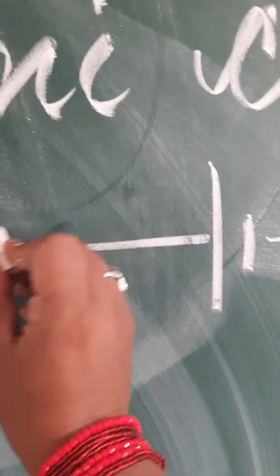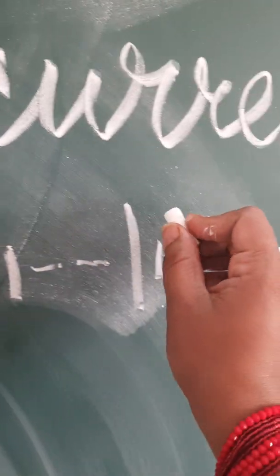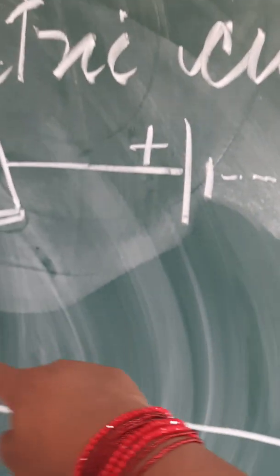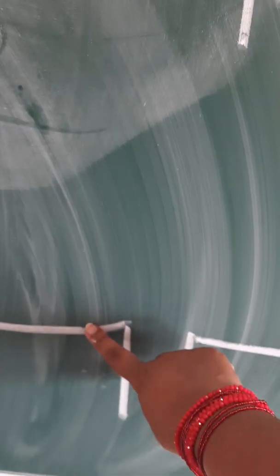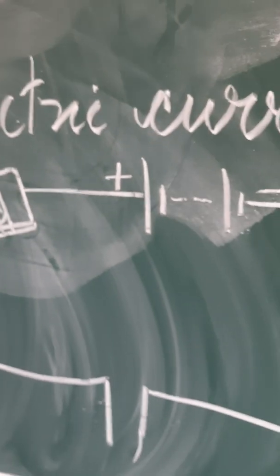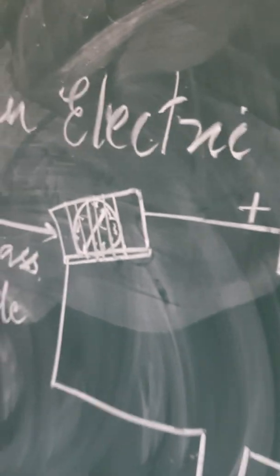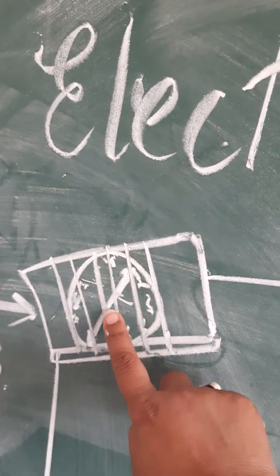Let me mark the terminals so that you will understand. One positive terminal and another one, let it be the negative terminal. So these are the two. The positive terminal is your anode and this is your cathode. So the deflection which I told you, it is a compass needle.